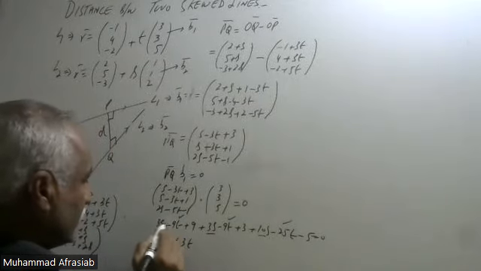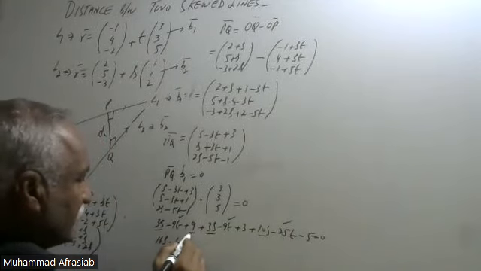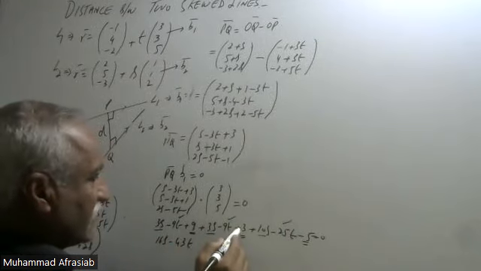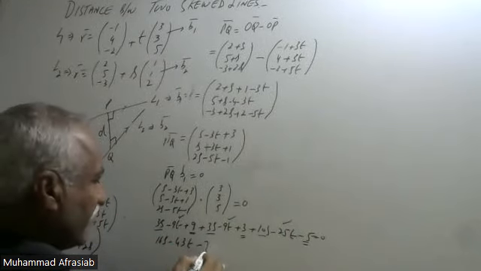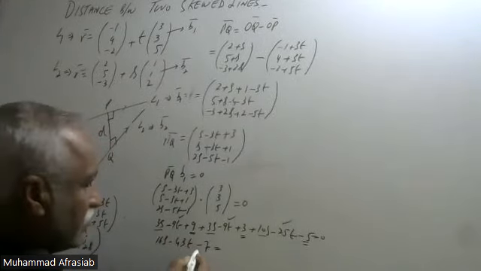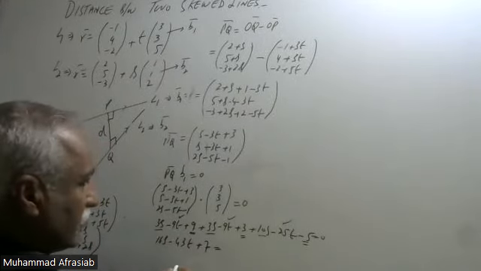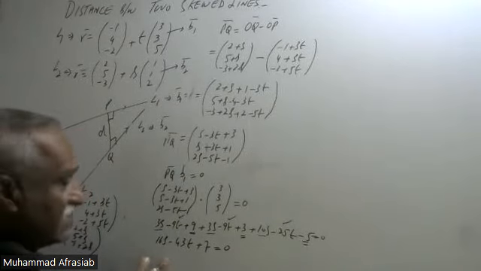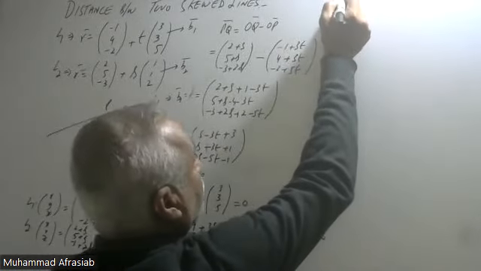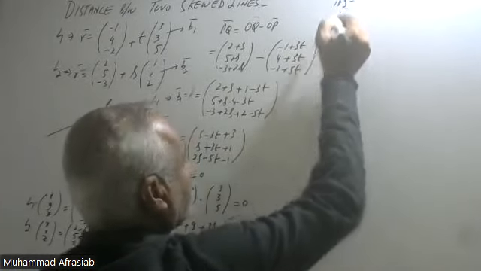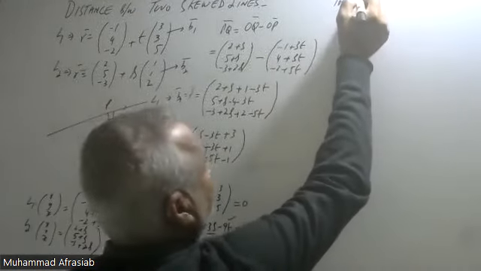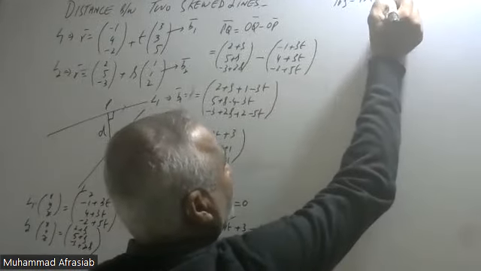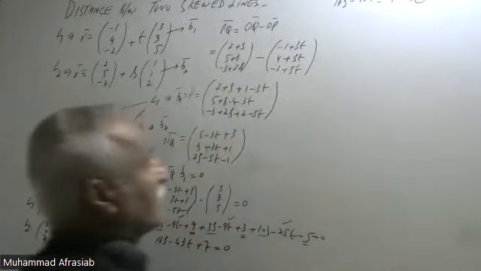Then plus 9 plus 3 minus 5: 9 plus 3 is 12, minus 5 is 7. So 16s minus 43t plus 7 is equal to 0. Or we can write this equation as 16s minus 43t equal to minus 7. Let's say that is equation number 1.